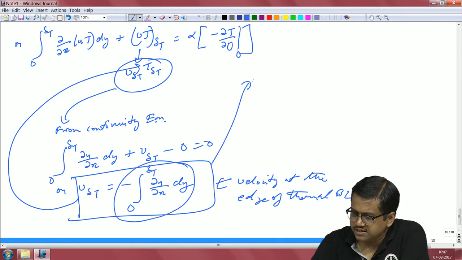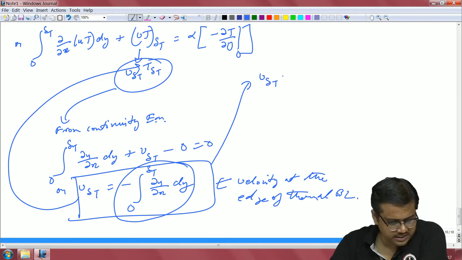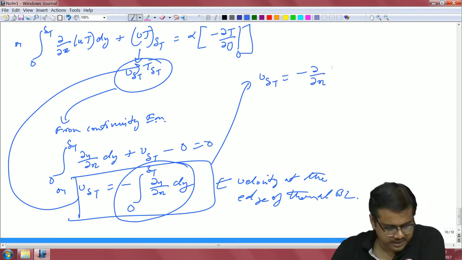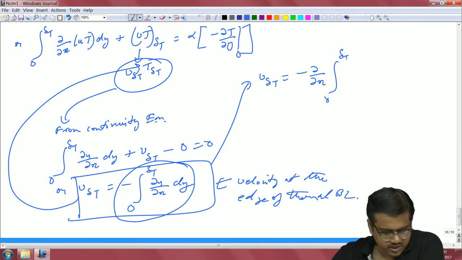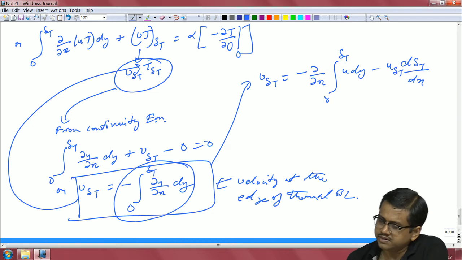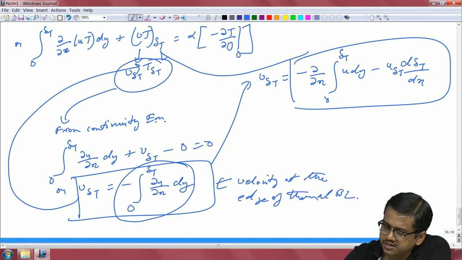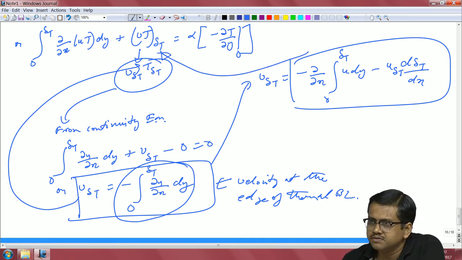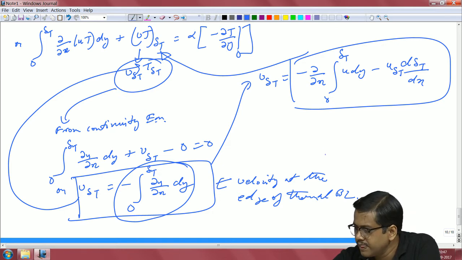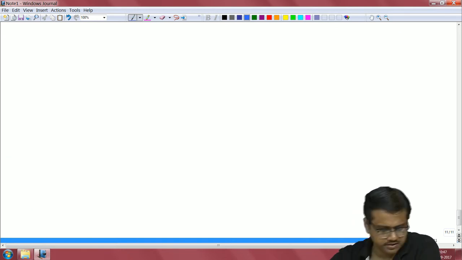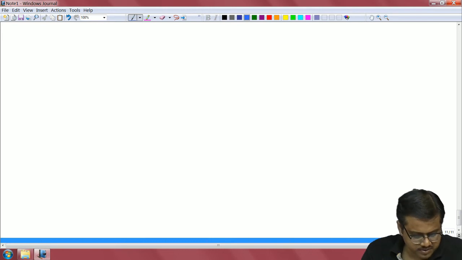If we do that, V delta t will be given by d by dx of the integral from 0 to delta t of u dy, minus u at delta t times d delta t by dx. Now we take this value of V delta t and substitute it here. Let us look at what happens after substitution.